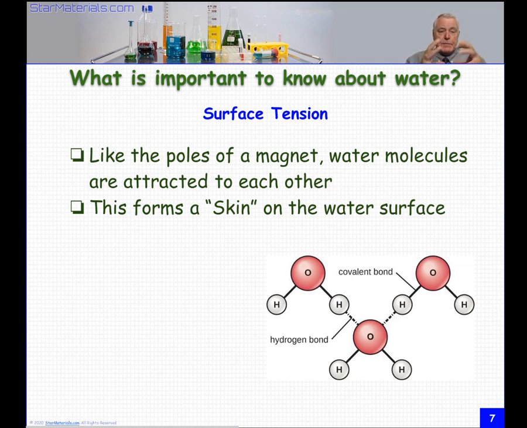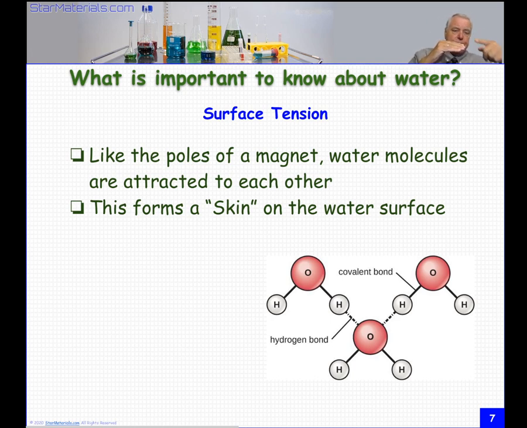So you're surrounded by water molecules. But at the surface, you've got water molecules below, in front, in back, to the left, and to the right. Oh, you don't have water molecules above.